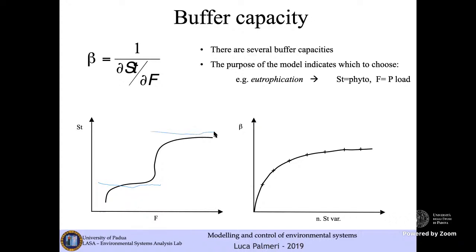Again, here we do not have a significant variation of the state variable as a consequence of a significant variation of the forcing function. Instead, here we have significant variation.